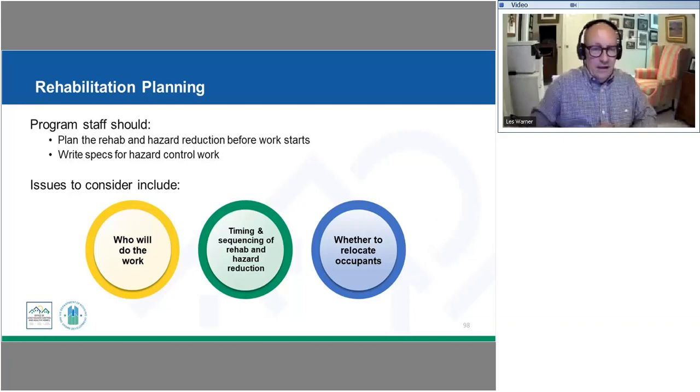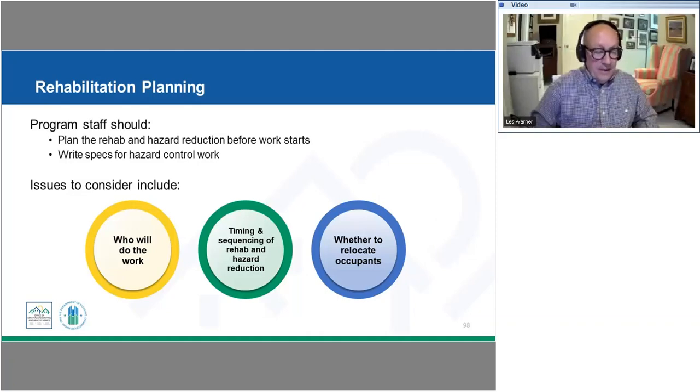So all of that is part of our planning process: determining if we need relocation to be done, where our work areas are in that unit, and making some of those decisions.